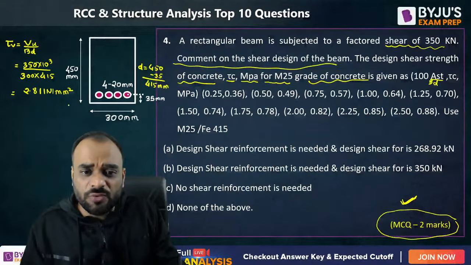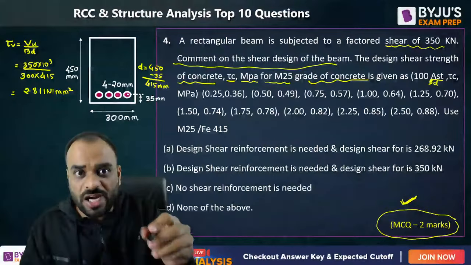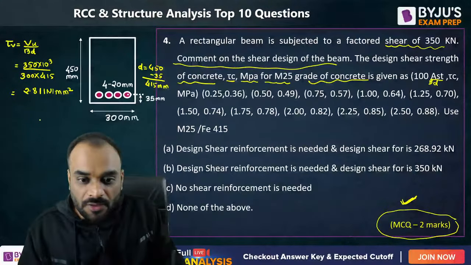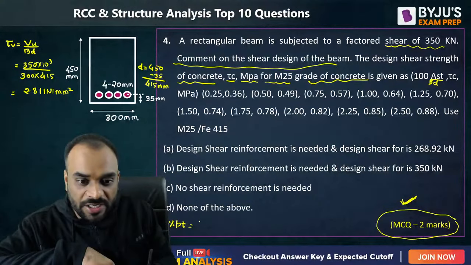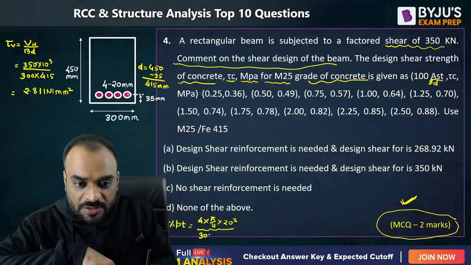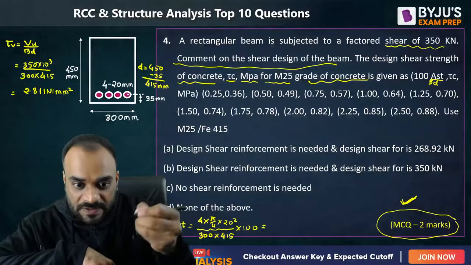Now after getting tau v, we need to check what is the percentage of steel which is provided. So according to that, we are able to calculate the tau c value. Let's do it. So percentage of tension steel, first we need to calculate Ast. Ast is 4 into pi by 4 into 20 square divided by B into d, which is 300 multiplied by 415 and multiply by 100, so that we are able to calculate the percentage.